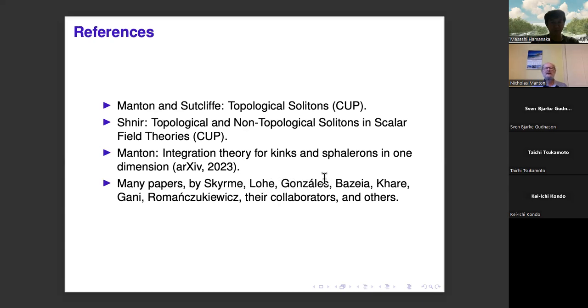Gonzalez studied, with collaborators, a tilted φ to the 4th potential with a kink anti-kink Sphaleron. Bazeia has written lots of papers with many collaborators on various exotic kinks, particularly with these multiple minima, not quadratic minima, but quartic, sextic minima, and so on. And Khare and collaborators similarly, Gani and collaborators similarly. And they've studied not just static solutions, but they've done a lot on the dynamics of these objects.